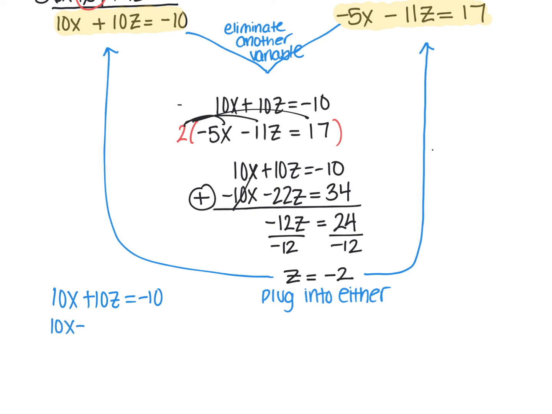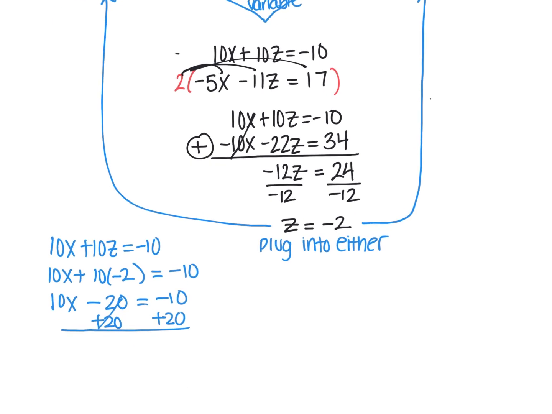So 10x plus 10 times negative 2, I'm plugging in for z, and I'm going to solve. So 10x minus 20 equals negative 10. Add 20 on both sides. And we get 10x equals 10. And divide both sides by 10, and we get x equals 1.